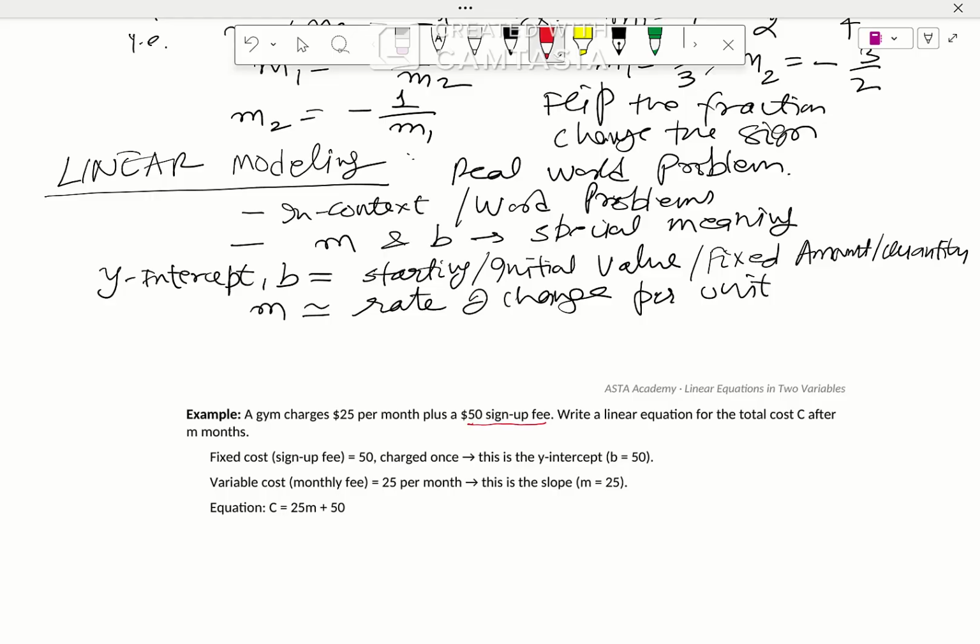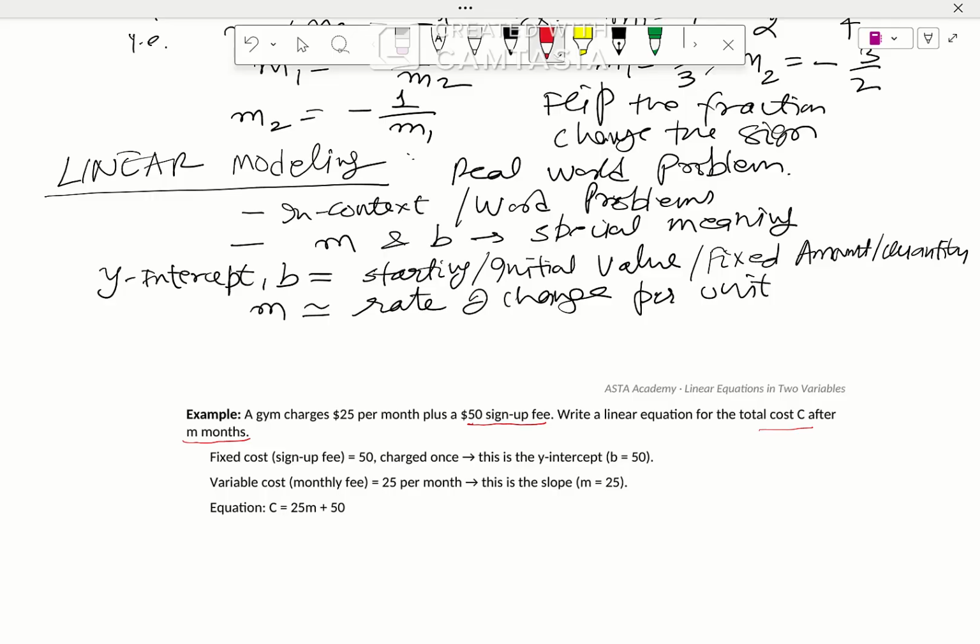Okay, this tells us something. We need to be able to write a linear equation for the total cost, to see how much is the total cost after m months. So m is a variable, cost is another variable. m is the independent variable. Time does not depend on anything. Cost depends upon the number of months. So cost is like y, m is like x.